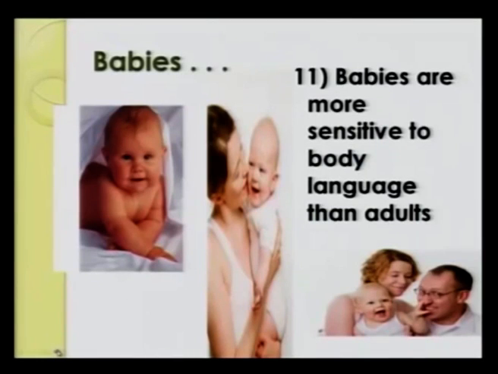And question number 11 is about babies. It simply says babies are more sensitive to body language than adults. It is a comparison between babies and adults. Doesn't need any explanation, just say true or false.